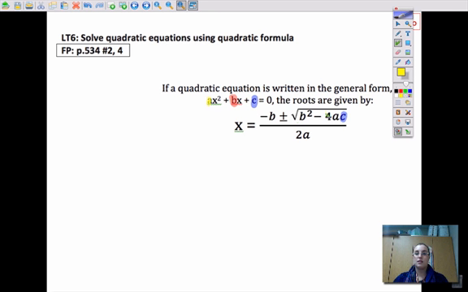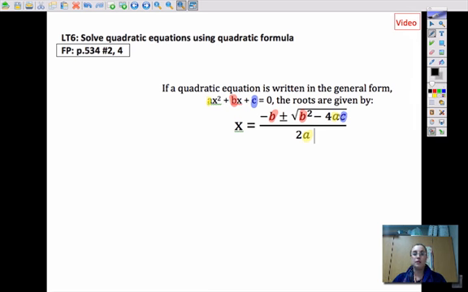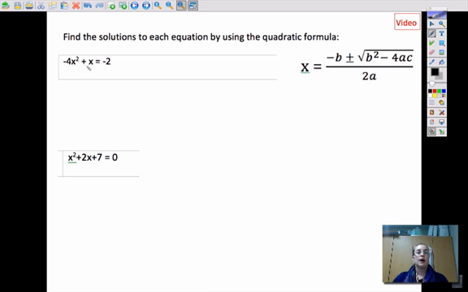So a is going to be put here and here, and b is going to be put here and here. You put those in and then you calculate out this formula and that'll tell you the two values for x. Like I said on the last slide, this needs to be in general form.